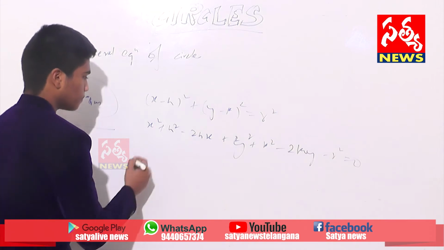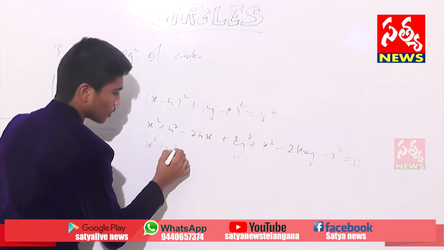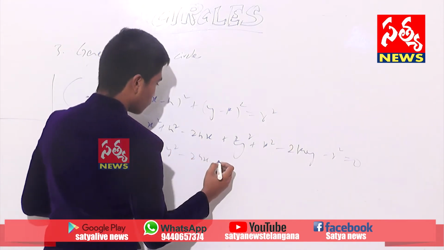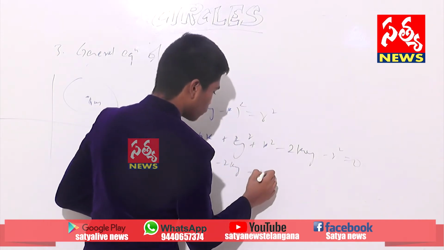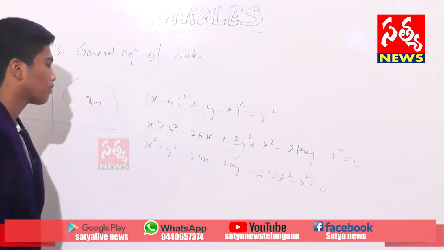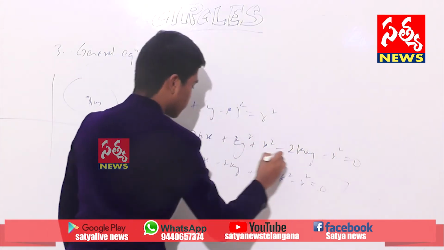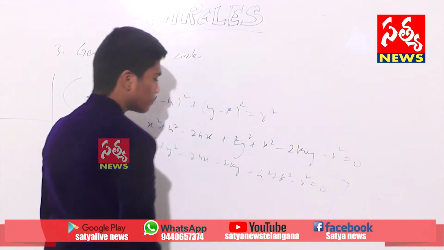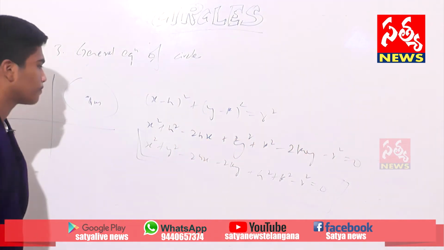This is the expression. Now, x square plus y square minus 2hx minus 2ky plus h square plus k square minus r square is equal to 0. This is the general equation of the circle.